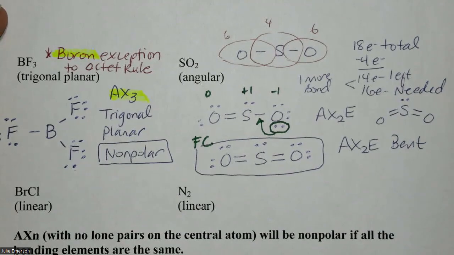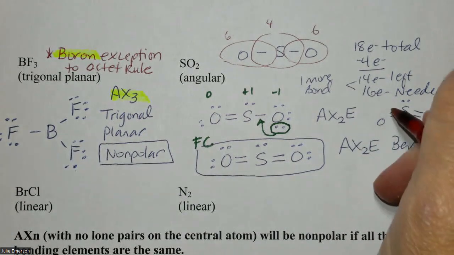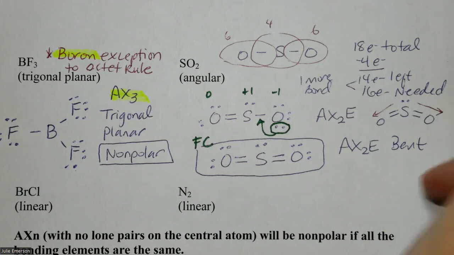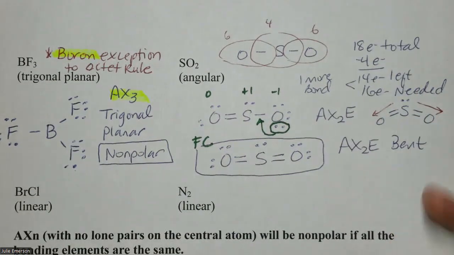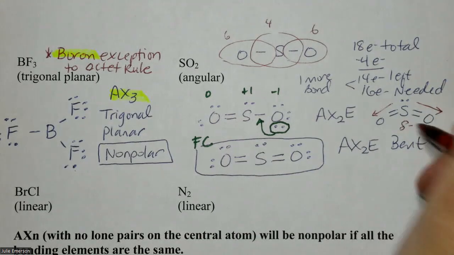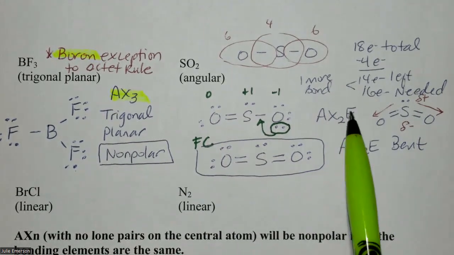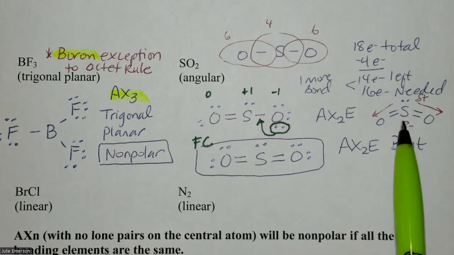Because it's not in a straight line, this oxygen is pulling down and to the left. And this one on the right is pulling down and to the right, right? And there's nothing pulling up. So this is going to have a negative end and a positive end. But basically the rule is, like we talked about, when you have a lone pair, that takes away the symmetry, right?